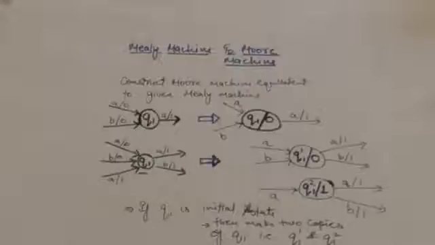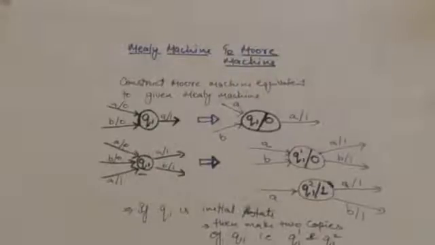Now it is a second case. Here the Q1 state has 3 incoming edges, right? 2 of them are labeled by output symbol 0 and 1 of them is labeled by output symbol 1. So here different incoming edges are labeled by different output symbols.